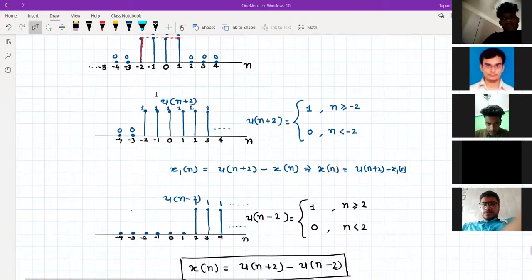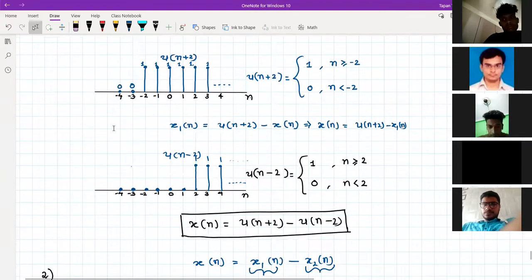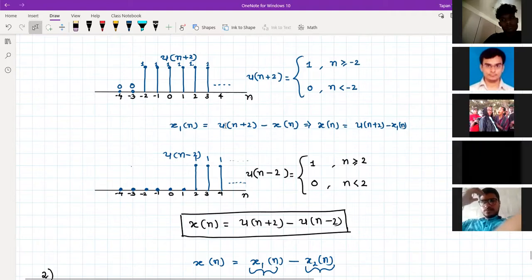This function is called u of n plus 2. Now, after you have got the first function, your job is to find out the second function. Normally, we do the subtraction, right?